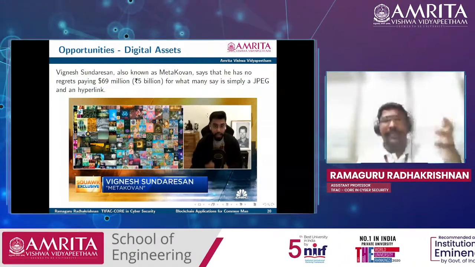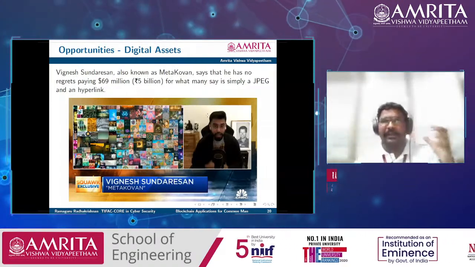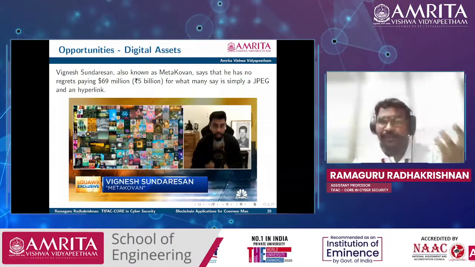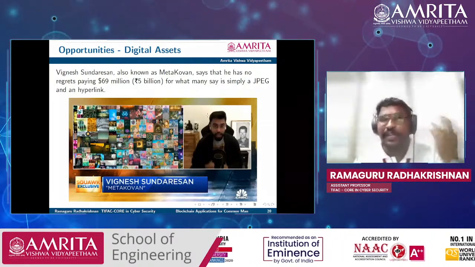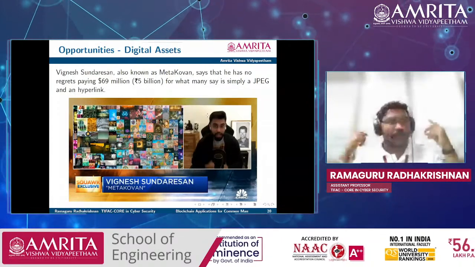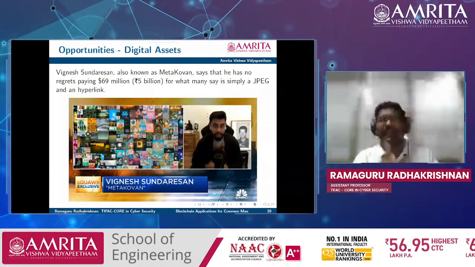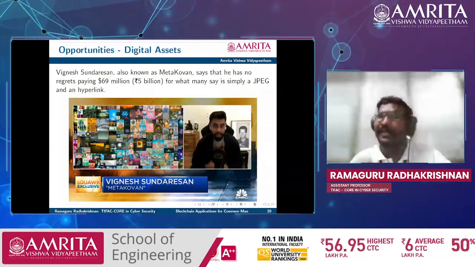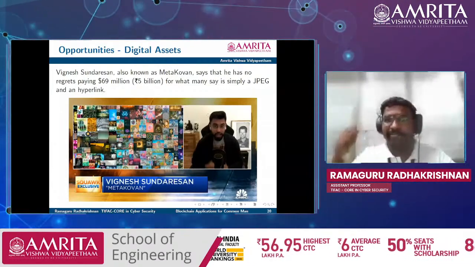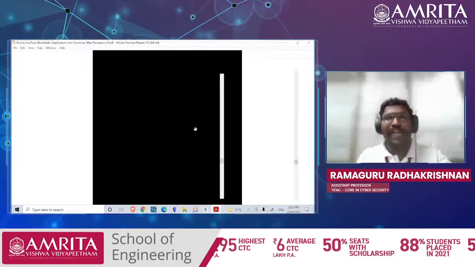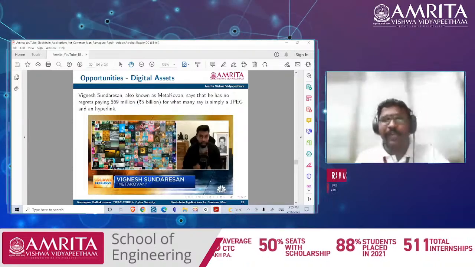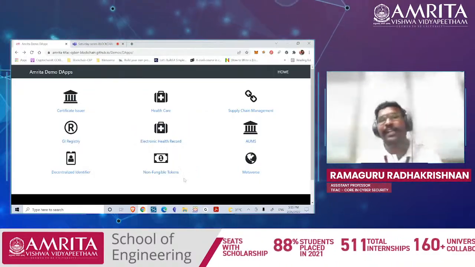So that is one major opportunity that is quickly available for people, at least majorly for creators. They can create, put it on blockchain or NFT marketplaces, and they can convert their creativity into value, and the copyright and the management will still be with them.